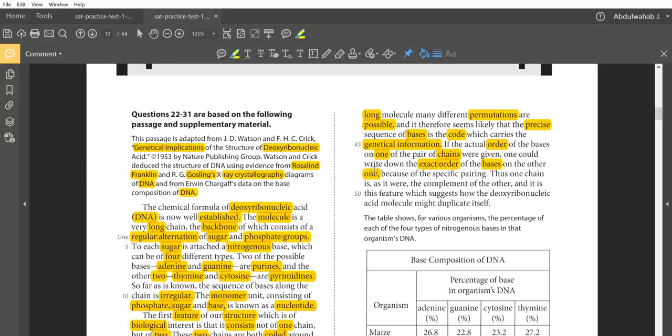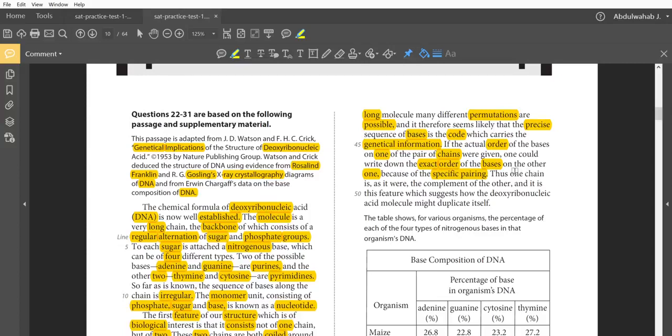And if I tell you that there's cytosine, you already know that on the other chain you have guanine, and so on. So by knowing the sequence of one chain, we can know the sequence of the other chain to which the first one is bonded, because of the specific pairing mentioned before.